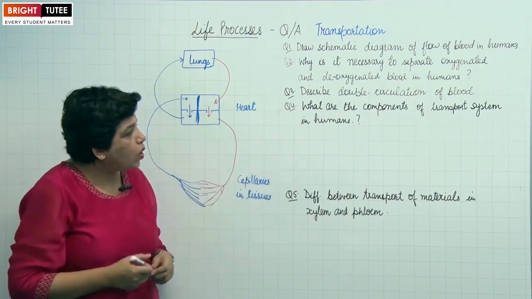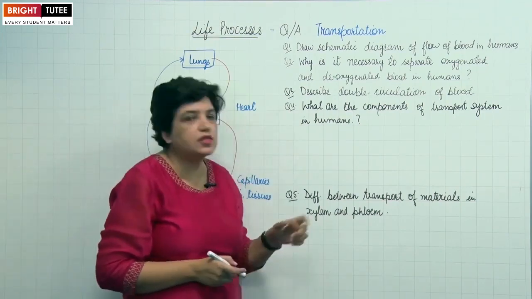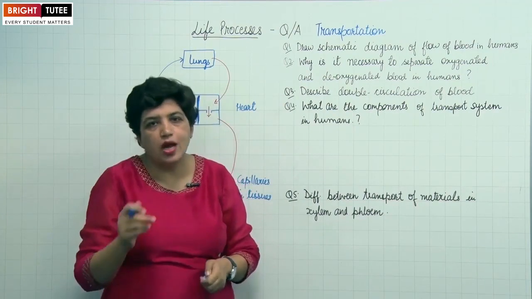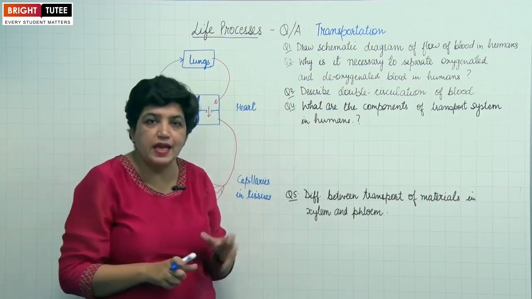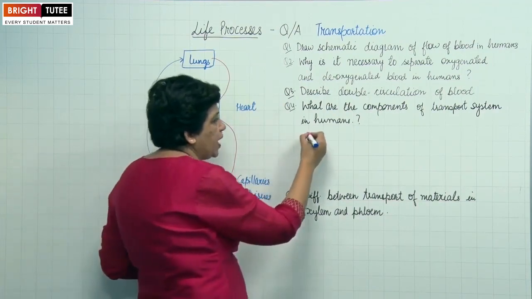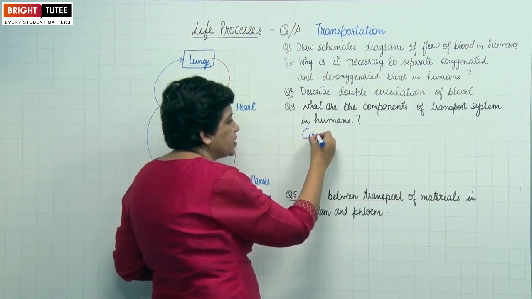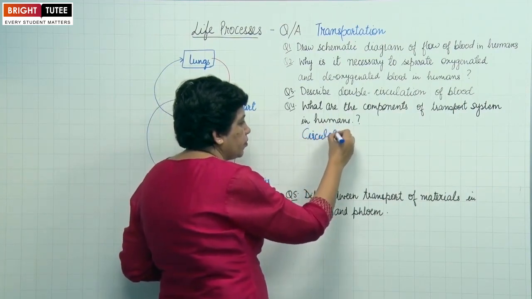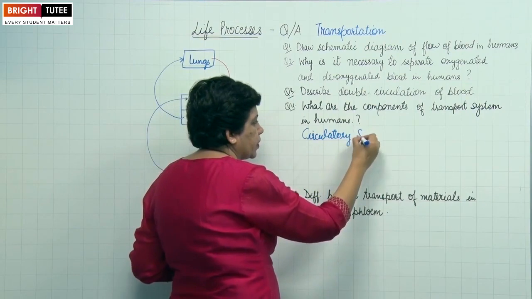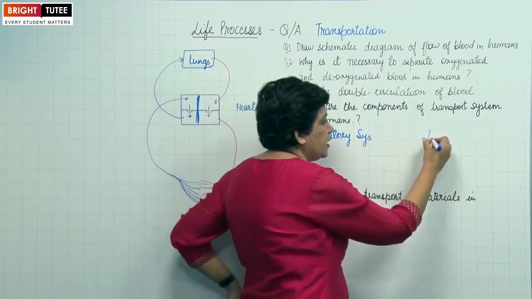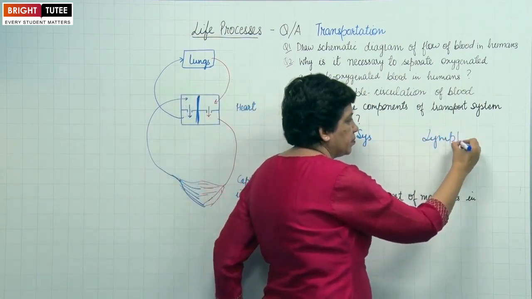Next question. What are the components of transport system in humans? The transport system in humans basically has 2 components, 2 parts. First is the circulatory system, and the second one is the lymphatic system, right?